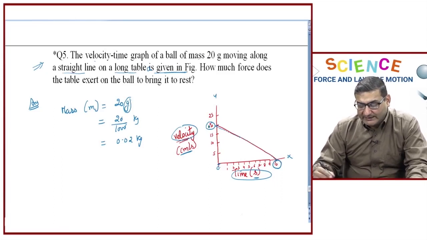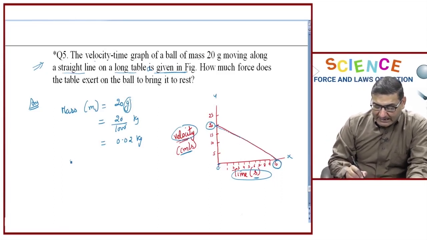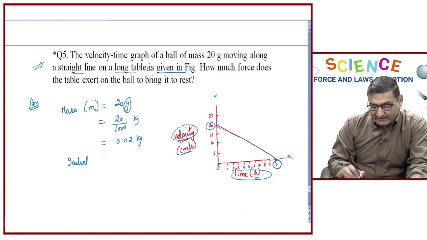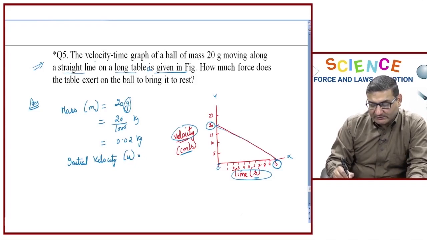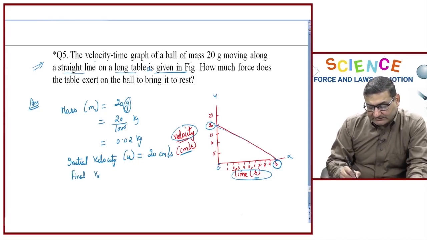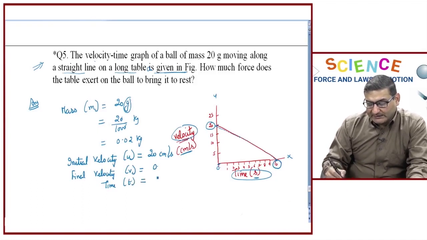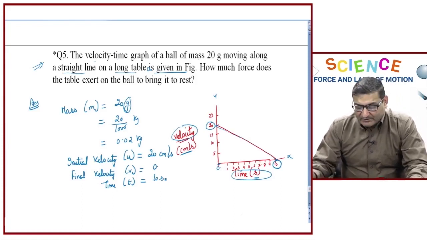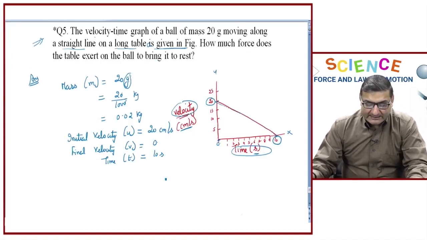So if I try to relate from this graph, I see that the velocity with which this object started, that is the initial velocity, small u, is given to be 20 centimeter per second, and the final velocity, small v, is given out to be 0, and the time taken by this ball to decrease its velocity from 20 centimeter per second to 0 is 10 seconds.